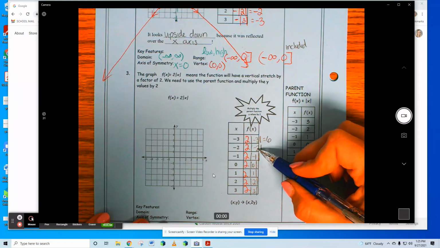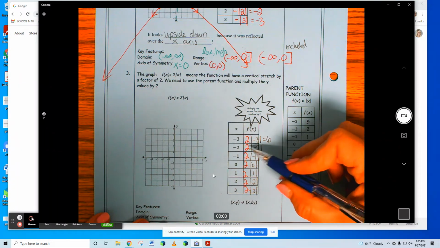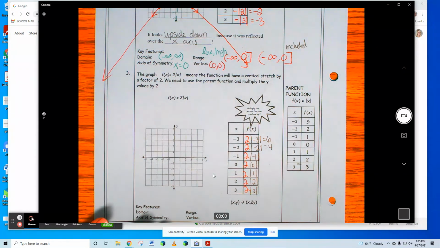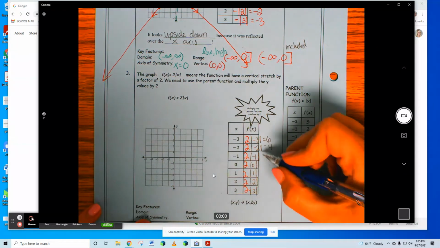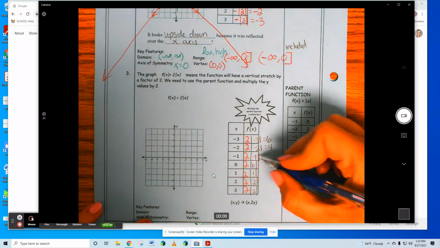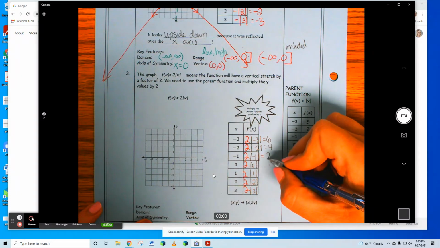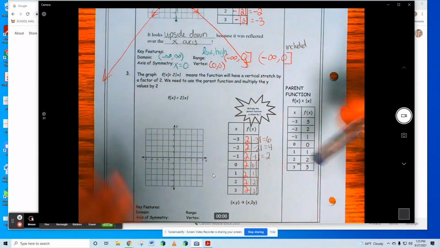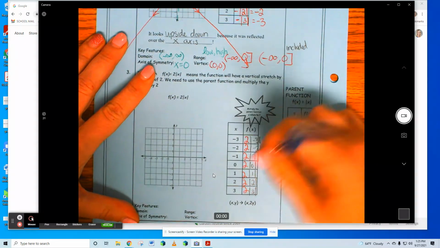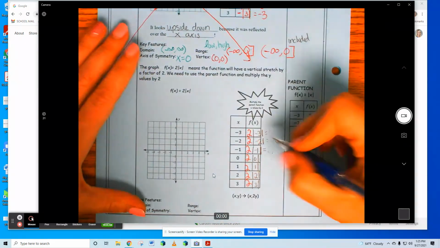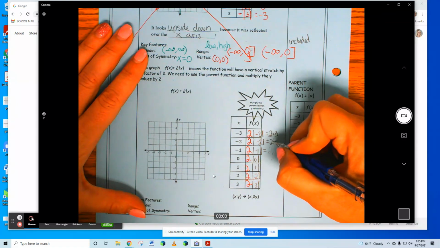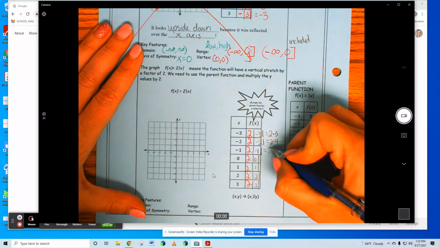Absolute value of negative 2 is 2. 2 times positive 2 is positive 4. 2 times the absolute value of 1. 2 times 1 is 2. Or I could write it. Let me write it, because whatever I can do to help. 2 times 3. 2 times 2. 2 times 1.